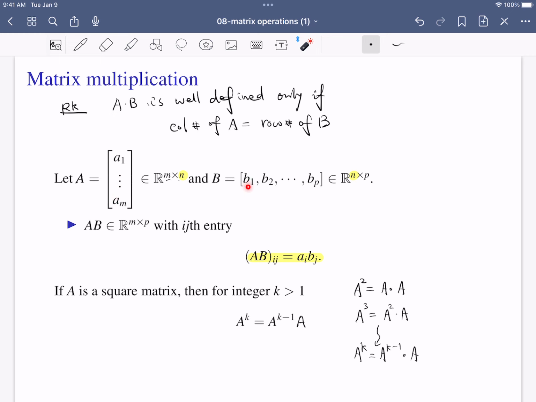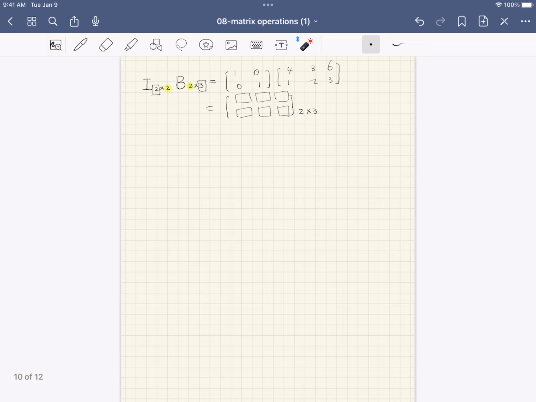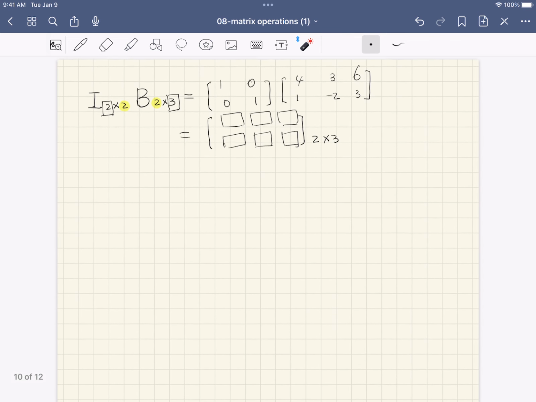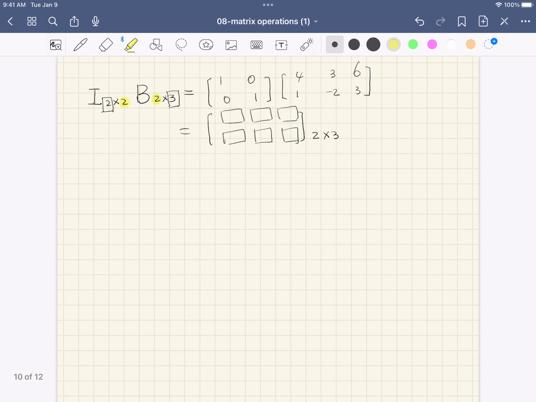B1 is a column vector, B2 is a column vector, A1 is a row vector, A2 is a row vector. So it's better to screen row by row in the first matrix and column by column in the second matrix.